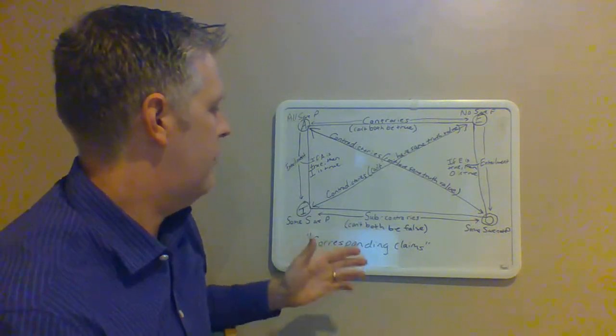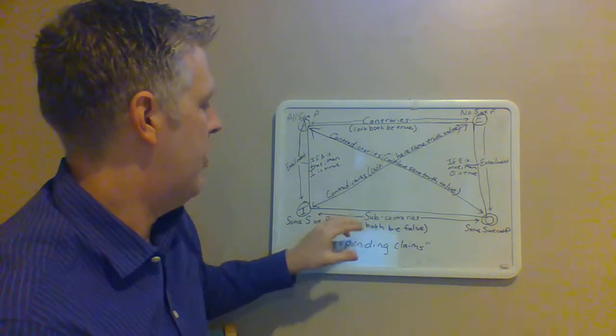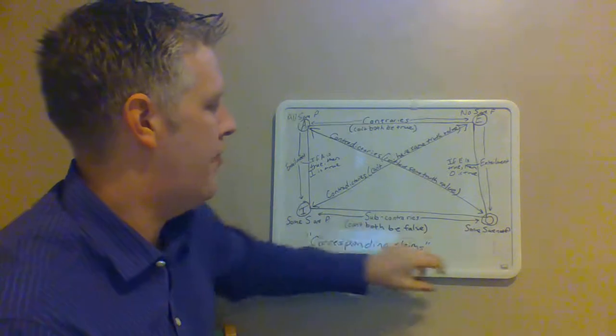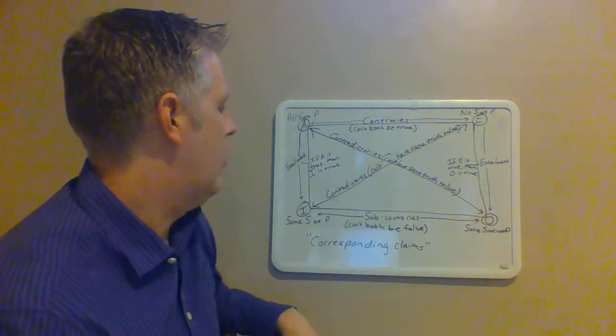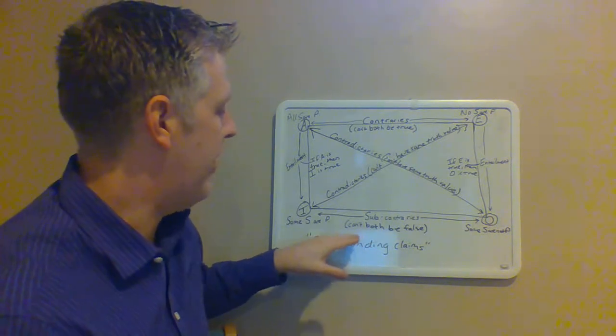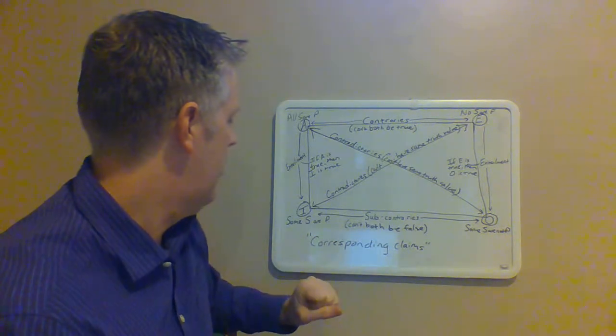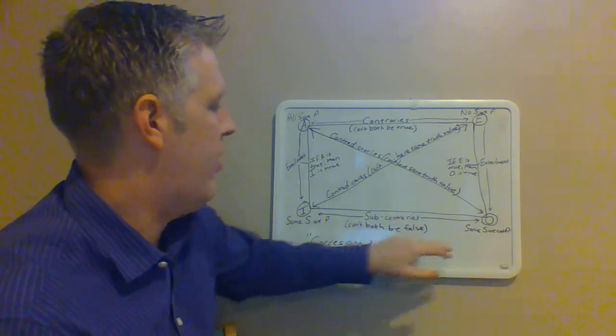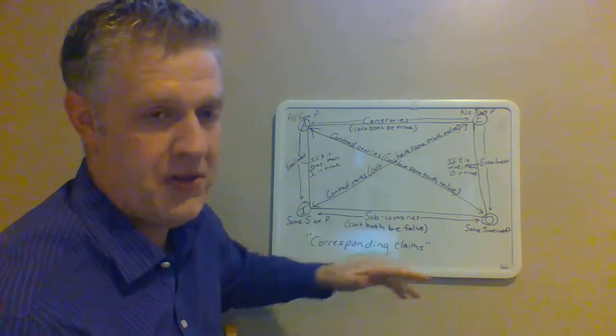And a similar sort of thing applies with respect to what are known as the subcontraries. But here we're dealing with an I standard form claim and an O standard form claim. And here, instead of them not being able to both be true, they can't both be false. So if it's false that some snakes are poisonous snakes, then it can't also be false that some snakes are not poisonous snakes.